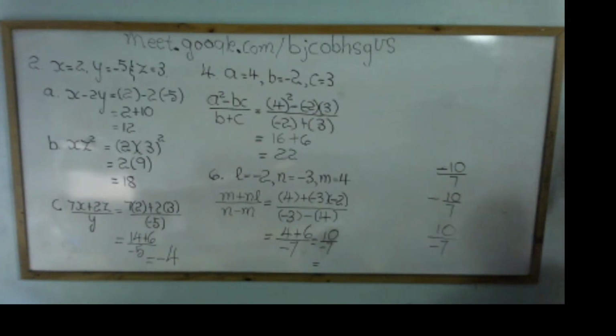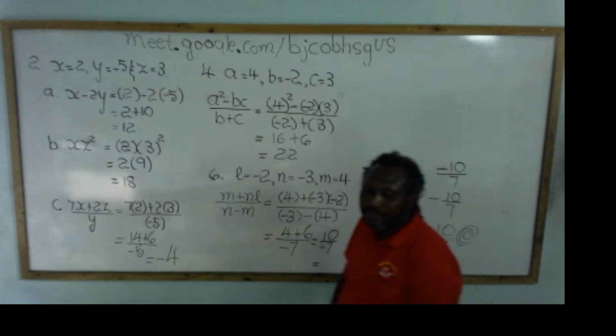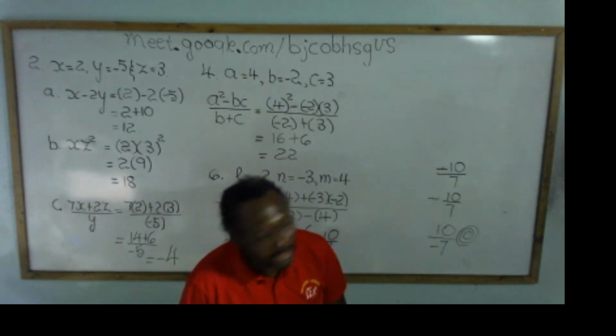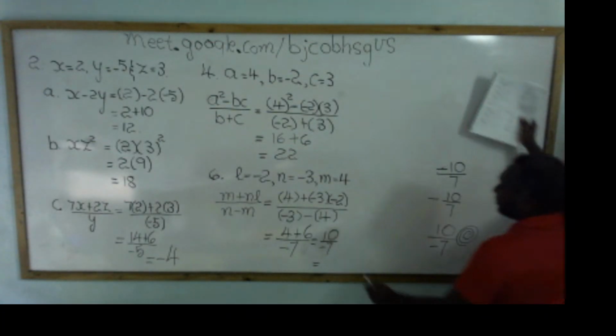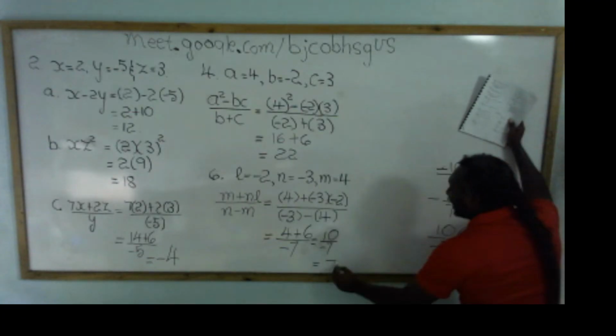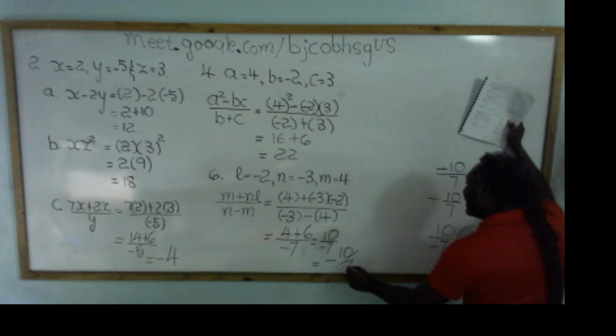All of those are equal. But this one is not acceptable. Well, if you write it like that, I think they'll mark it correct in the examination, but do not leave a negative in the denominator. You can write it as any one of these because they are all equal. Choose to write it as negative 10 over 7.